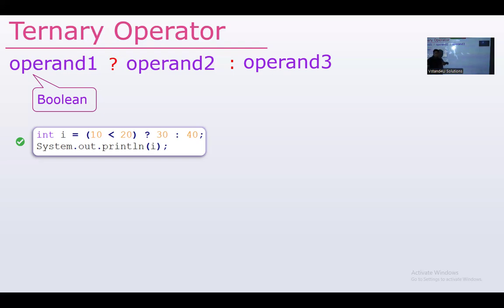The first operand must generate either true or false. If it is true, we pick the second operand as the outcome of the entire ternary operation. That 30 you are assigning to i. If I print i, the answer is simple, easy.